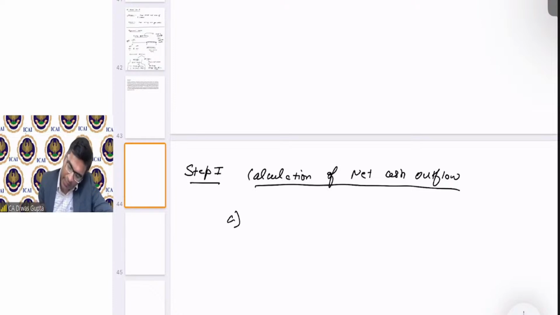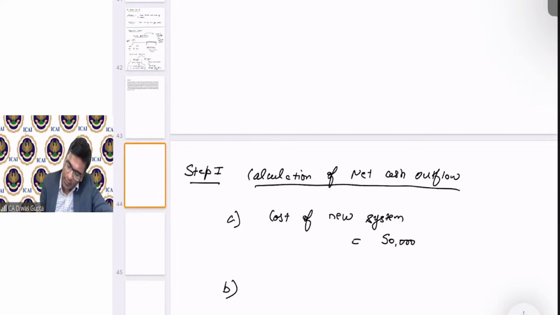So this also I'm breaking into two parts. One is cost of new system. What is the cost of new system? 50,000, right? This is straight away given in the question.